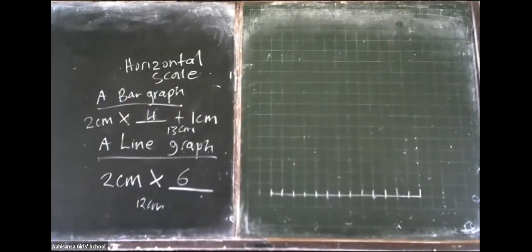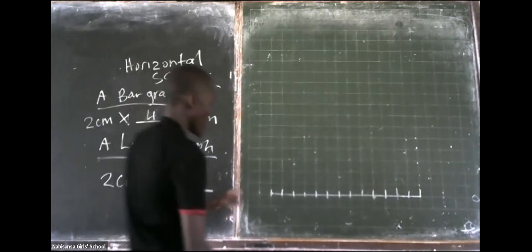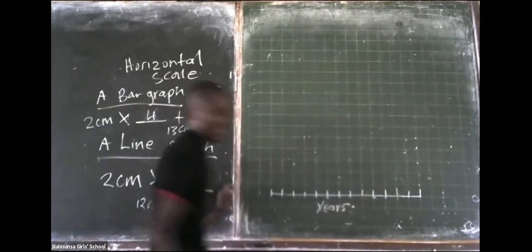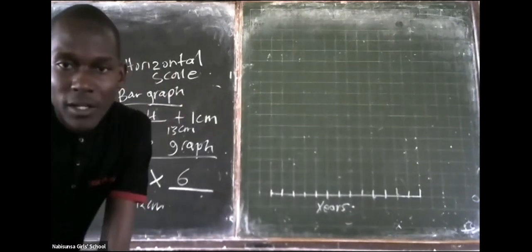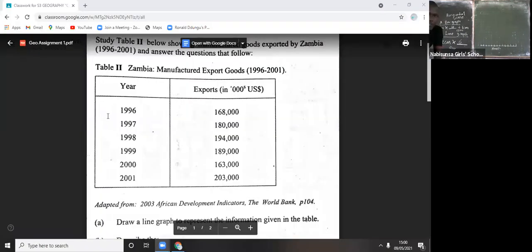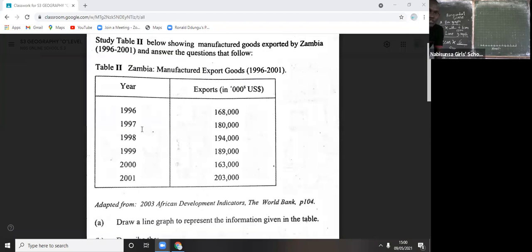Now we are done. So here, according to our graph, these ones are years. According to our table, let me show you our table we are using. This is our table. We have said you get the number of items times 2 centimeters plus 1.